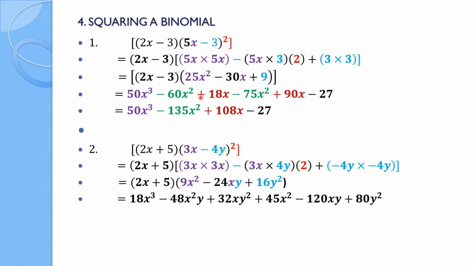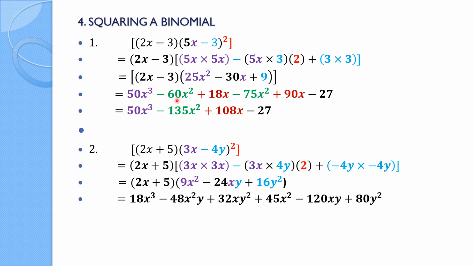X times x gives me x squared. 2 times 9 gives me 18x. Negative times positive is negative. 25 times 3 gives me 75x squared. Negative times negative would give me 90, or 30 times 3 is 90x. Then negative times positive, negative 9 times 3 is 27.